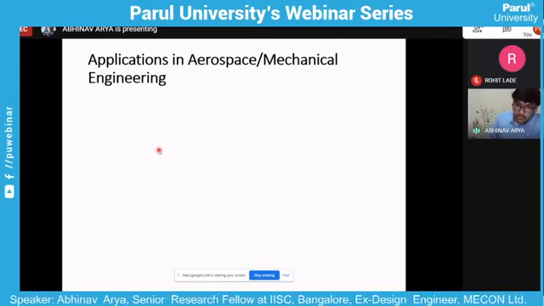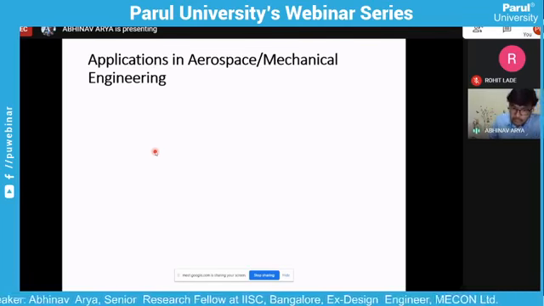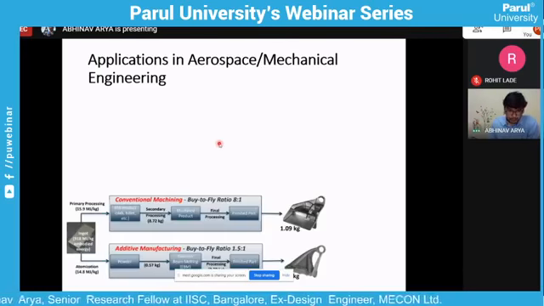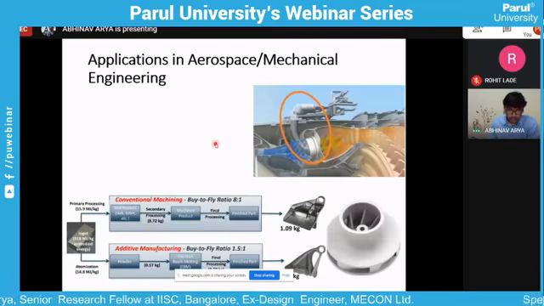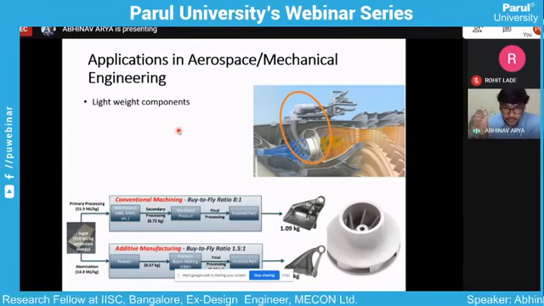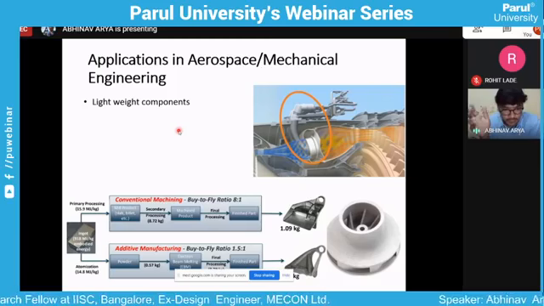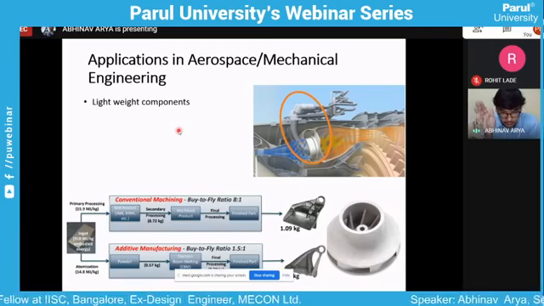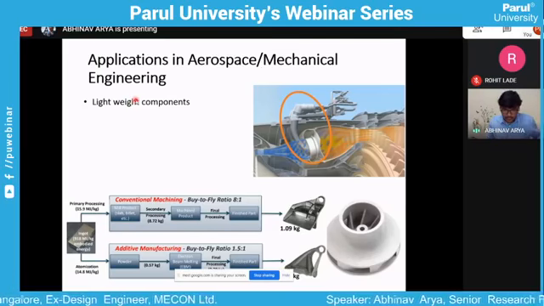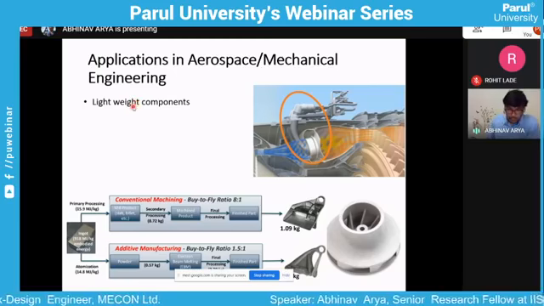Now, if I talk about the applications in aerospace engineering, the very important point to remember in the aerospace industry is that our components should be lightweight. We need as lightweight a component as possible with superior mechanical properties.